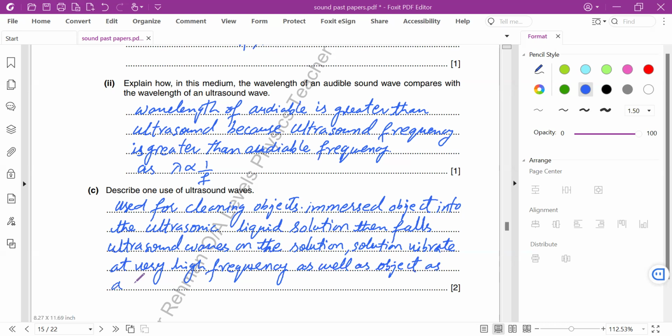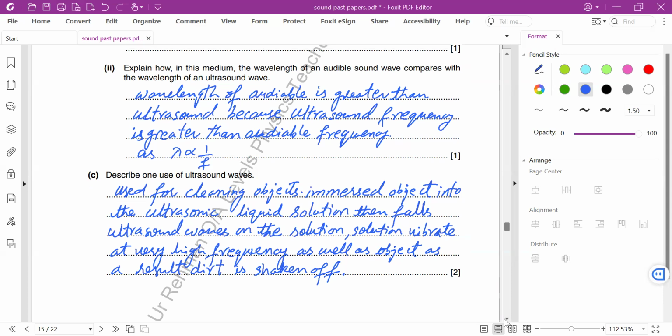As a result, dirt is shaken off. So that detailed solution is valid for 3 marks, and as well as for 2 marks. So all the things are clear.